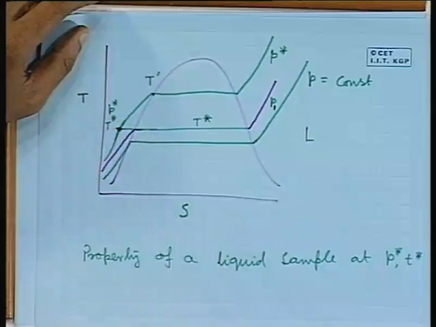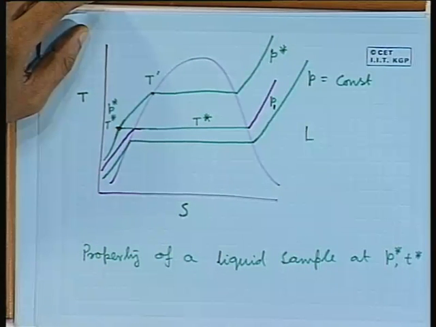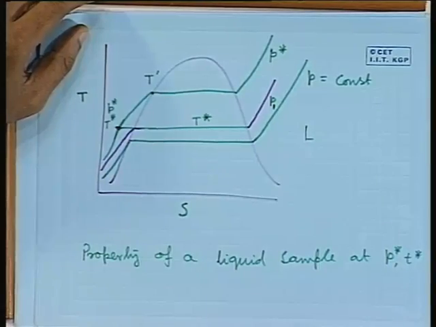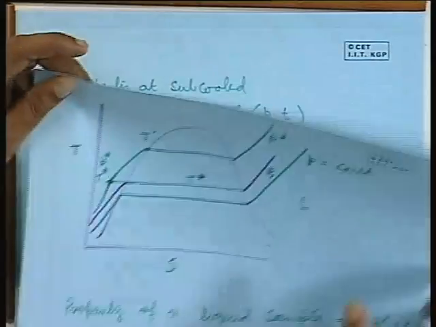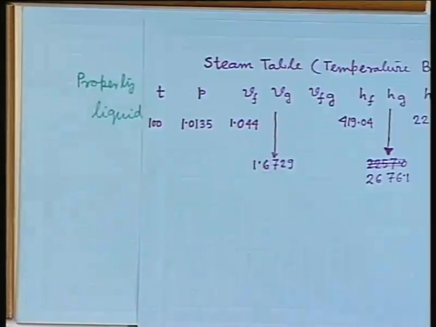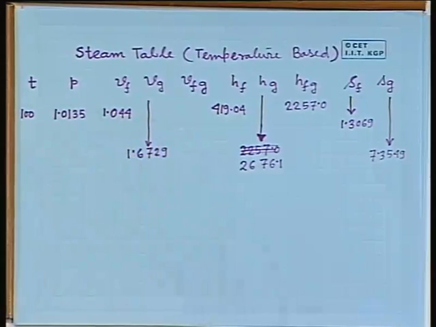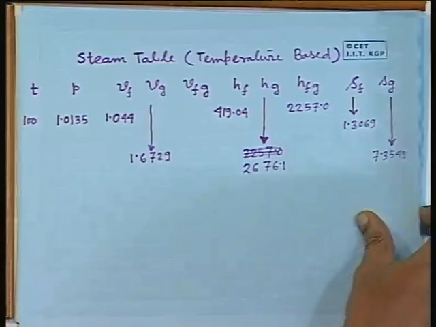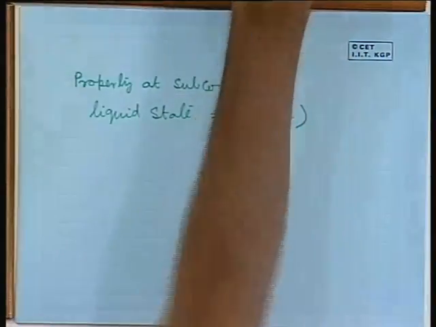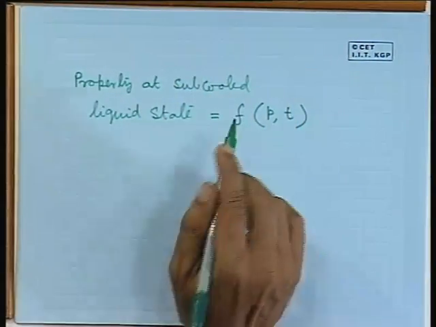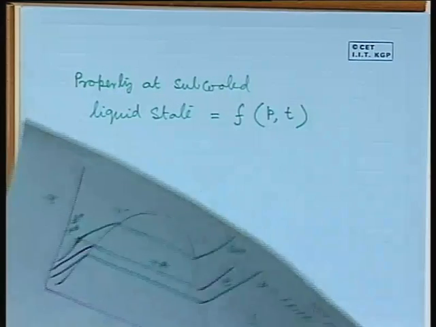So, that is how the property of the subcooled liquid state is determined. Here the temperature is the only constant, and corresponding to that saturation temperature we determine the property. And there, of course, we have our steam table. Here the properties are given for saturated liquid condition, so we can determine the property using the table very easily. So, the property of the subcooled liquid state I have described.